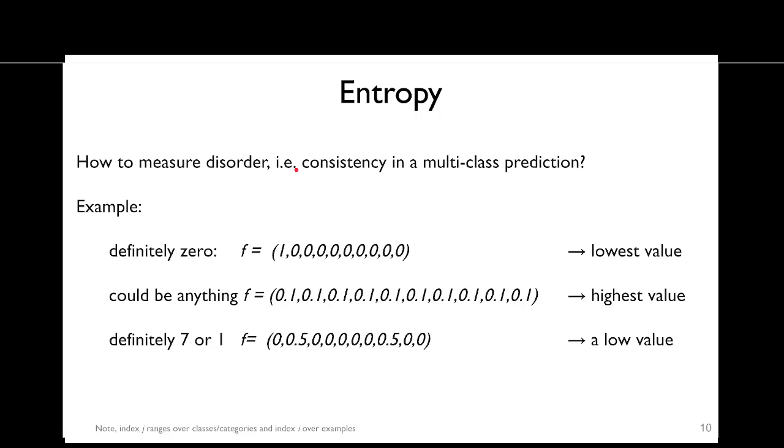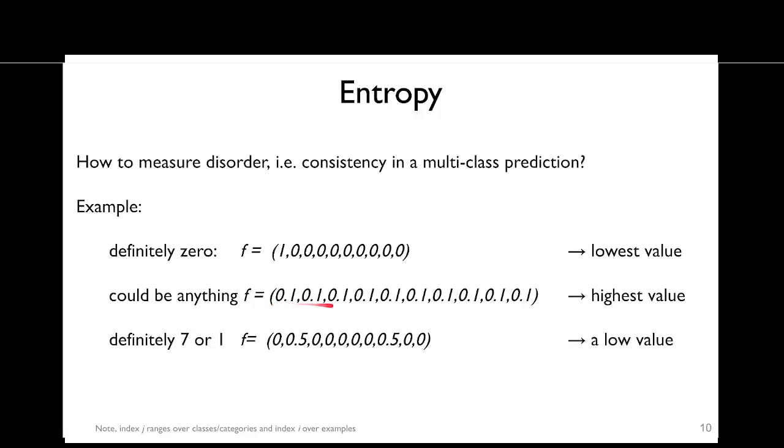And we can actually apply this idea to consistency also within the predictions. So let's say here, for example, we've got a prediction where f is 1 and then 9 zeros. That means we're really certain that our prediction, our digit, is 0. So definitely 0. And the entropy for this, or the score that we give for this, should be low. Now, the opposite case to that would be if we cannot really determine at all what the image is about, and it could be anything.